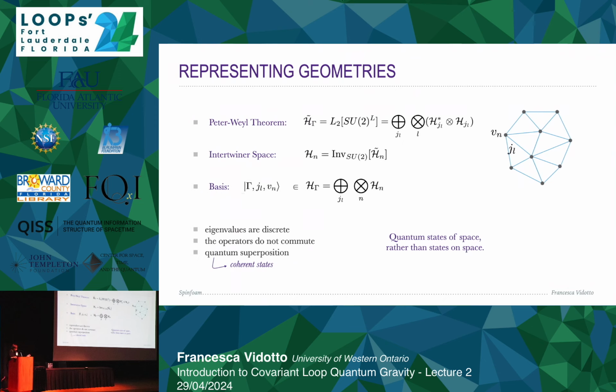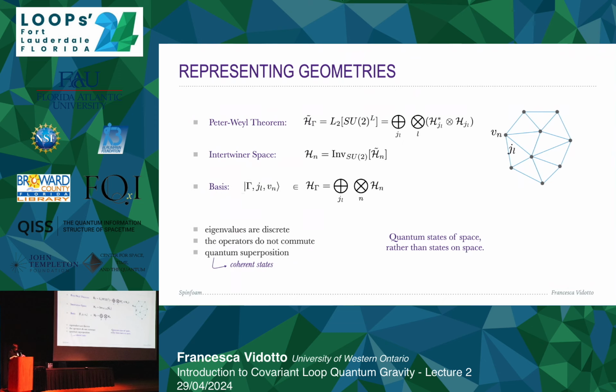But this is just one step towards the Hilbert space that we had before, because you should remember that the full Hilbert space had implemented a gauge symmetry at each node. So I had to take a quotient such that each node was gauge invariant. So in this tensor decomposition of my Hilbert space, I needed to select a particular subspace, the one that corresponds to the gauge invariant sector.